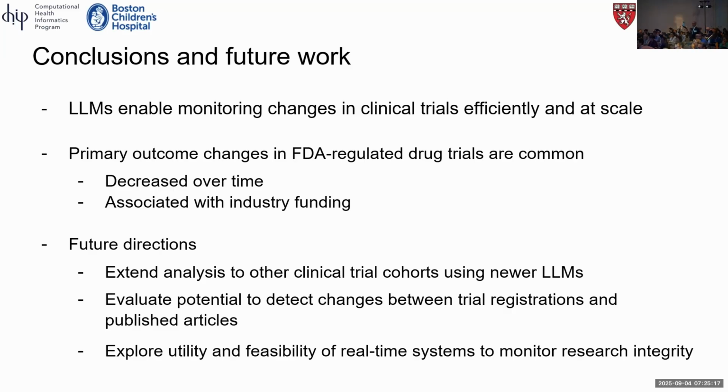Yeah, that's a really good question. It's sometimes hard to tell just looking at the registration of the clinical trial. A lot of the modifications that we see are modifications to the time frame. We are also seeing a lot of situations where the original version of the primary outcomes were very underspecified.